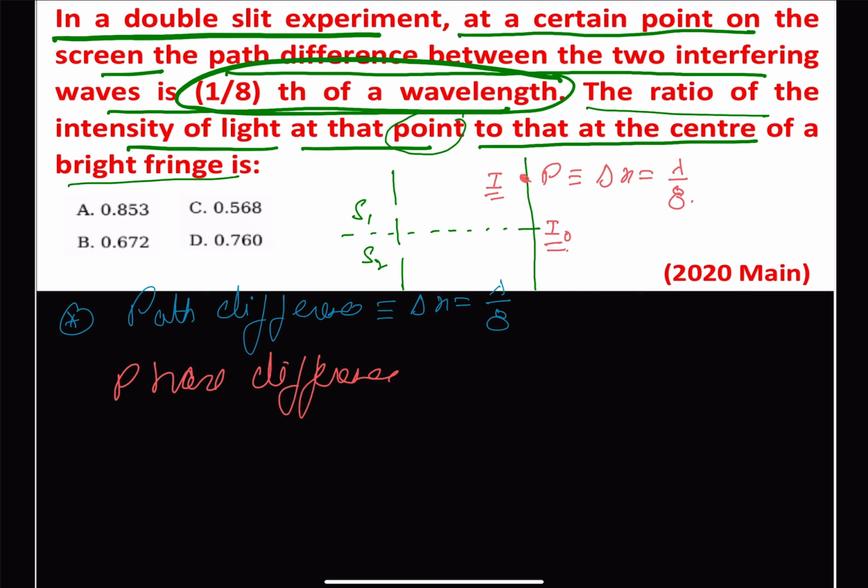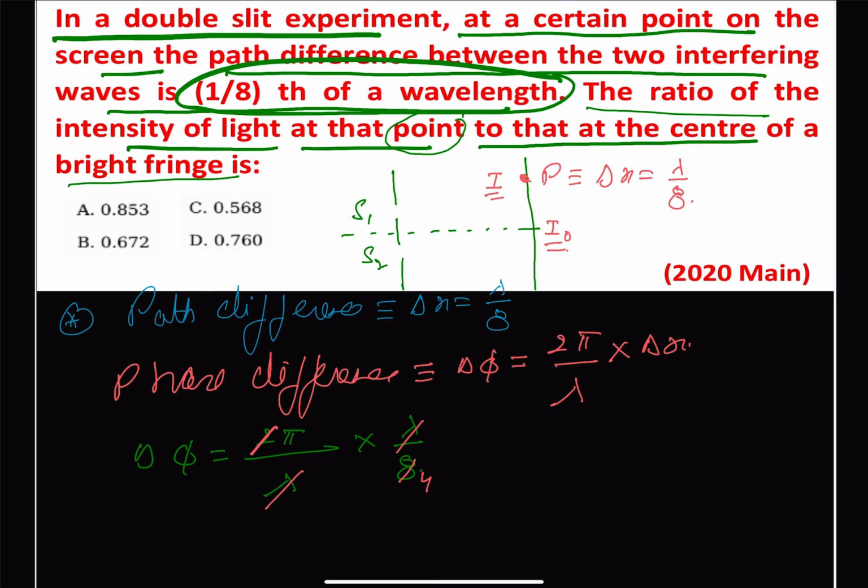Phase difference delta phi will be equal to 2 pi upon lambda multiplied by path difference, that is delta x. We substitute the values, we get phase difference is equal to 2 pi upon lambda times lambda by 8. Here lambda and lambda go away and 8 goes by 4. So we get this phase difference as pi by 4.